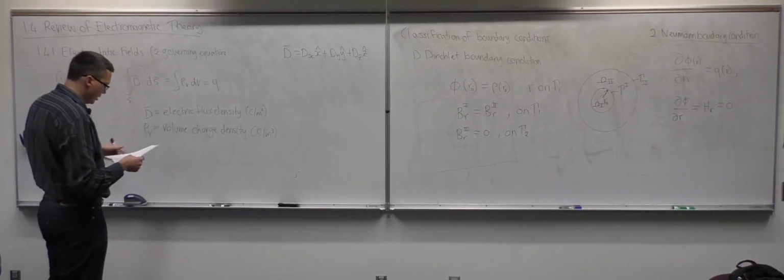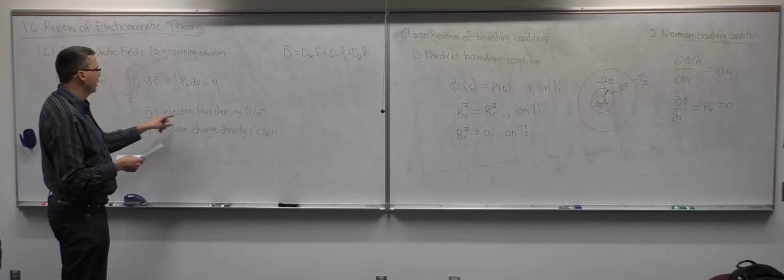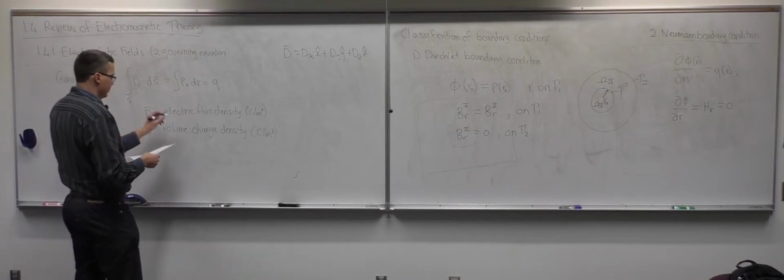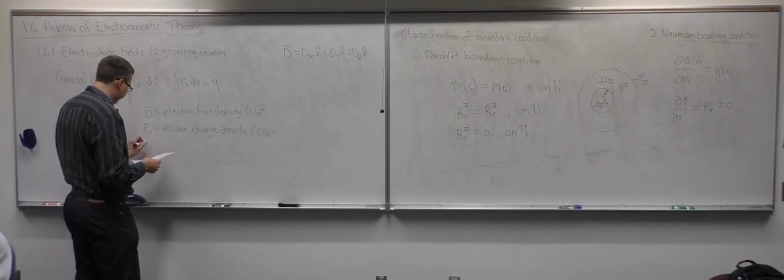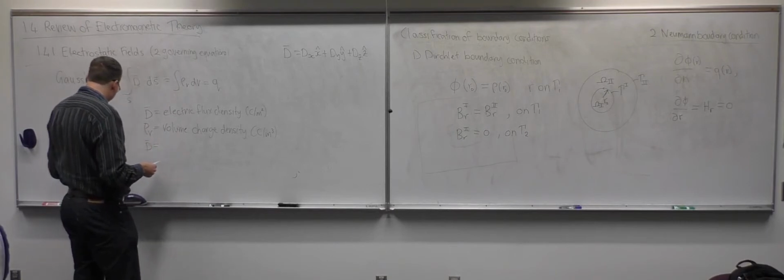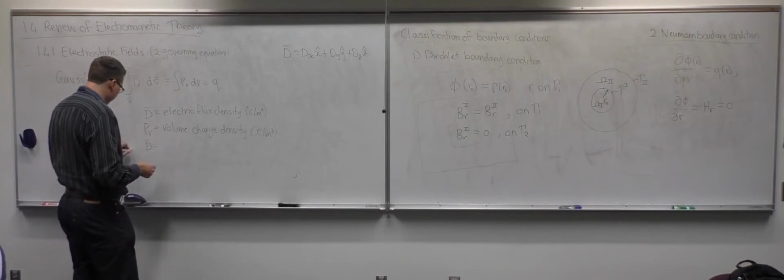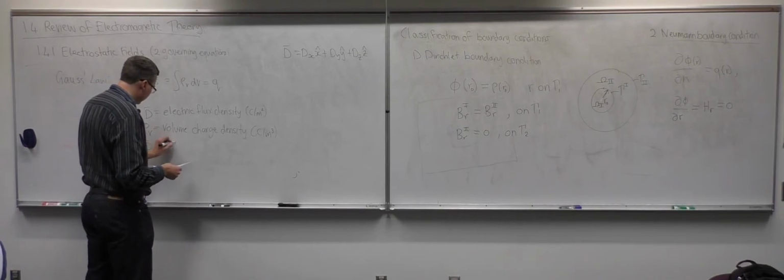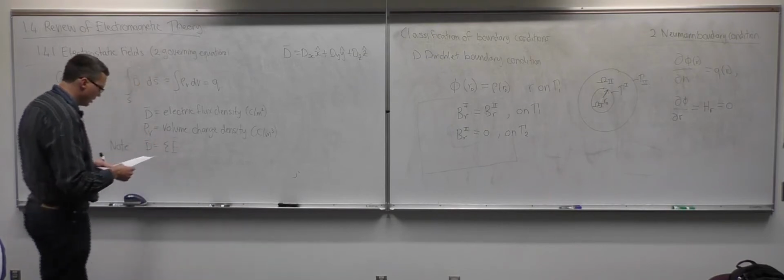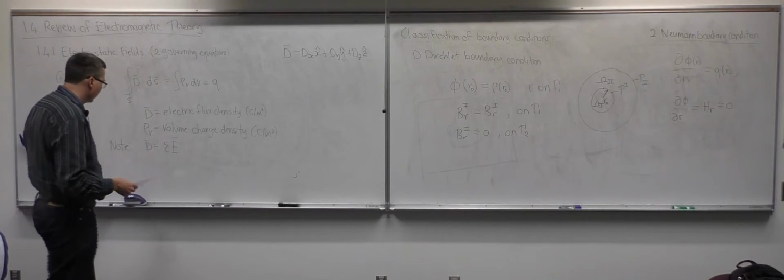And note that the electric flux density is related to the electric field intensity. Note D is equal to E times the permittivity.